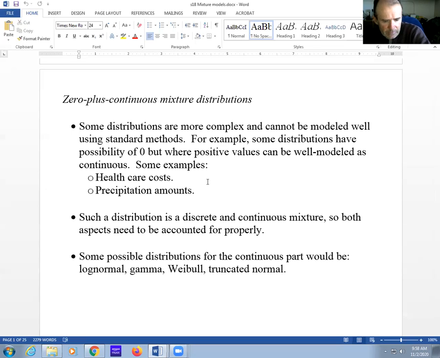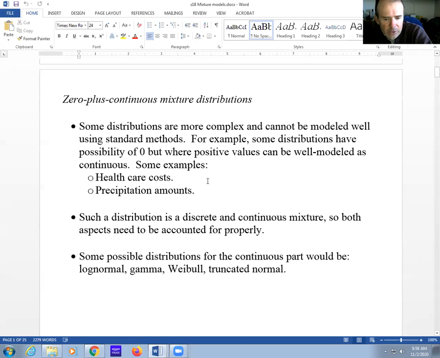Precipitation amounts. So both of these have possible values of 0, right? So there's an actual value of 0, but otherwise it's positive. And when it's positive, it's essentially continuous, right? Rainfall amounts is more clear, it's continuous. With dollar amounts, you know, you go to pennies, right? Which is essentially continuous.